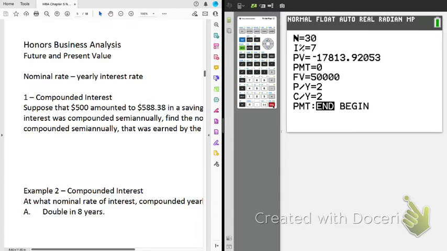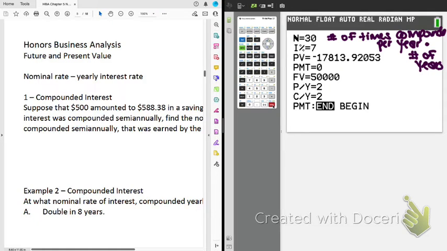Okay? So for N, in this calculator, N is two things combined together. N is the number of times compounded per year times the number of years.